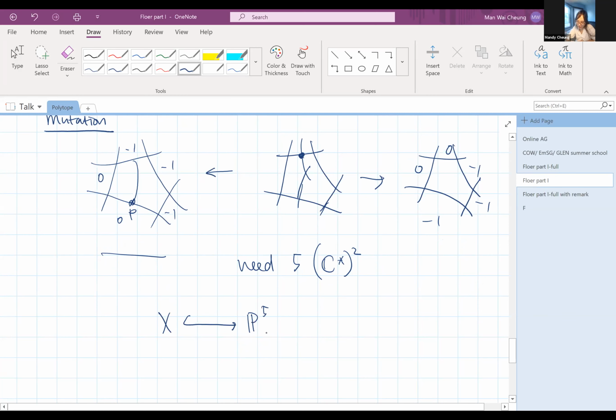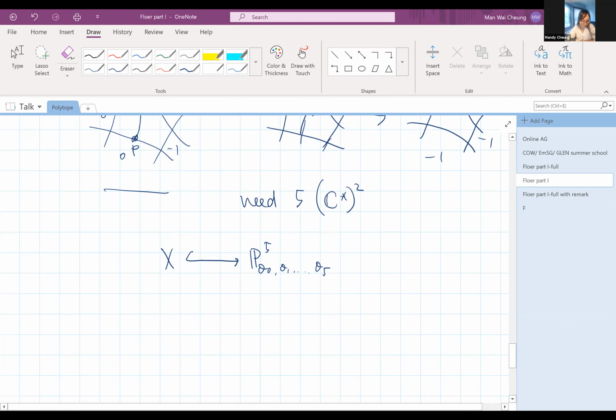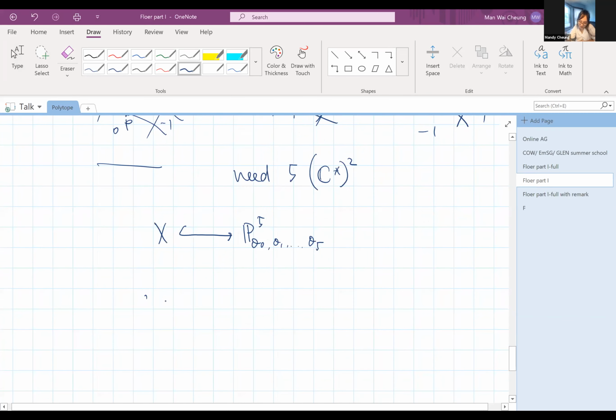The coordinates are, let me tell you already, theta functions, but let's just say these are the coordinates of the projective space. And then we can choose the coordinates such that our divisor will be just theta 0 is 0. And I might take it out and look at the affine piece.